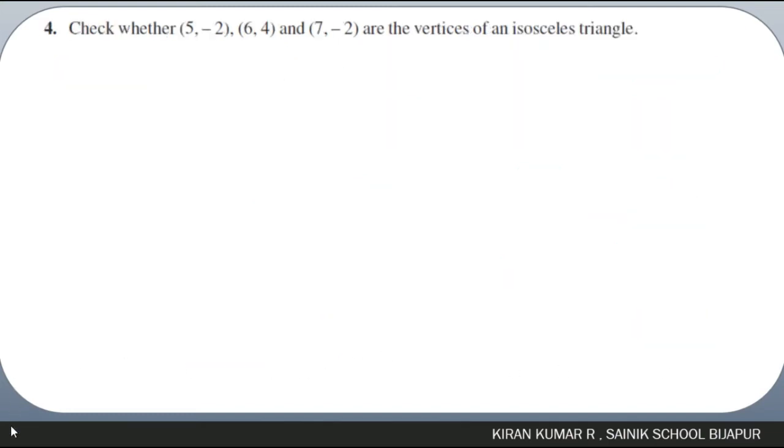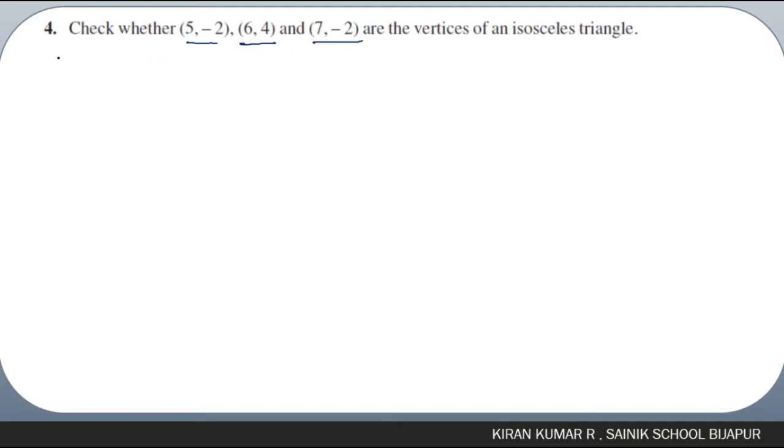Fourth question, check whether (5, -2), (6, 4), (7, -2) are the vertices of an isosceles triangle.